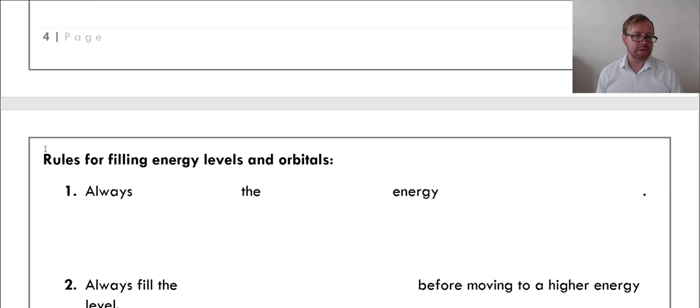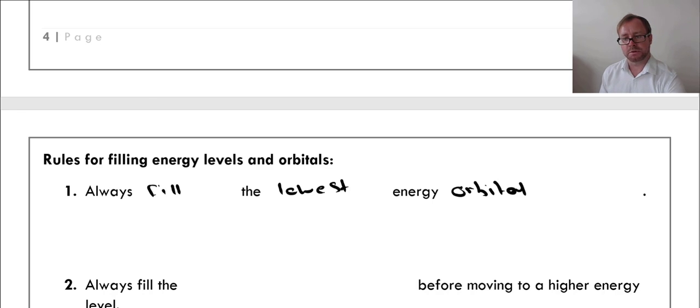Right, so this gets to the important bits now. How do you fill? How do you complete these electron configurations? There are 3 rules. So, first of all, always fill the lowest energy orbitals first.